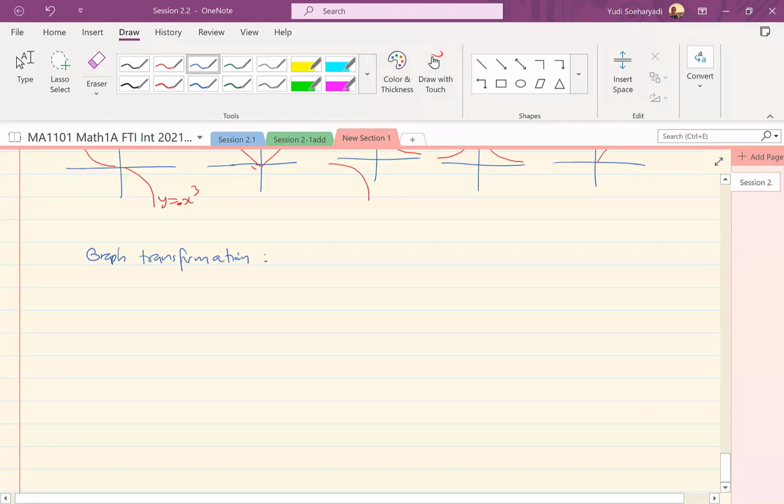Okay, so graph transformations is what we call, actually, translations.